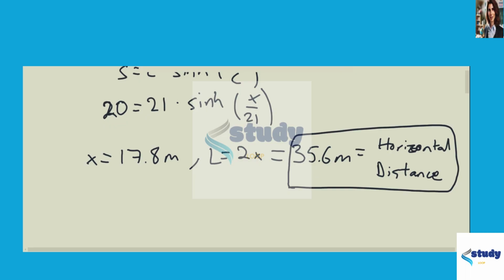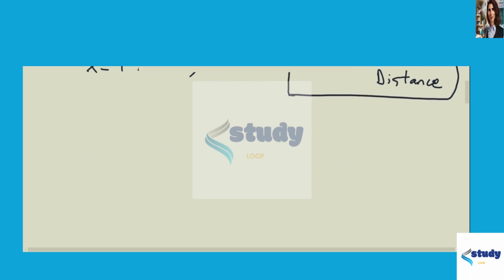Now, we need to find the total mass of the cable. So we know that the maximum tension was given to be 350 newtons. The equation for max tension is W, which is force per unit length, or mass per unit length, depending on how it's given, times the square root of c squared plus s squared.